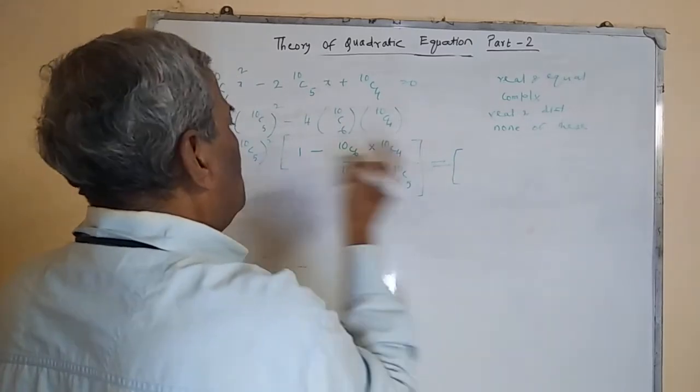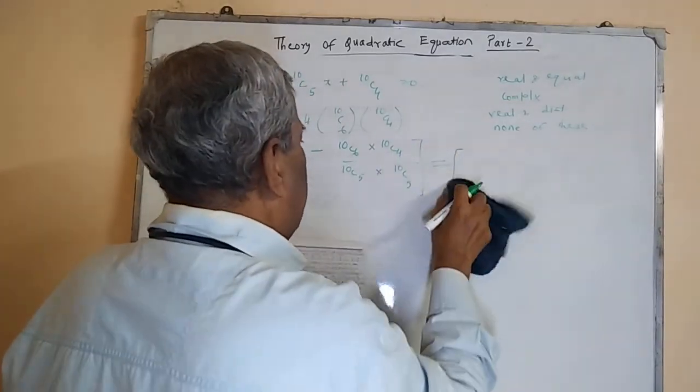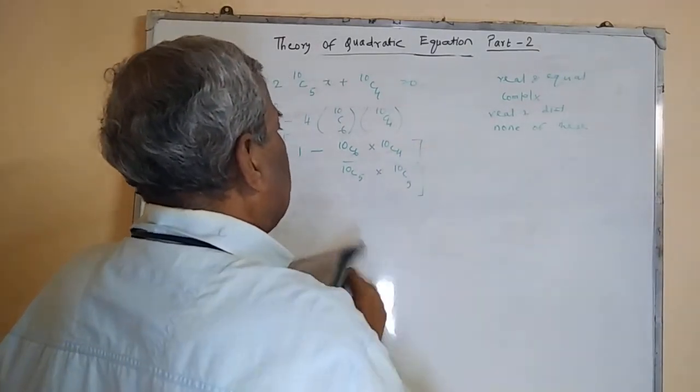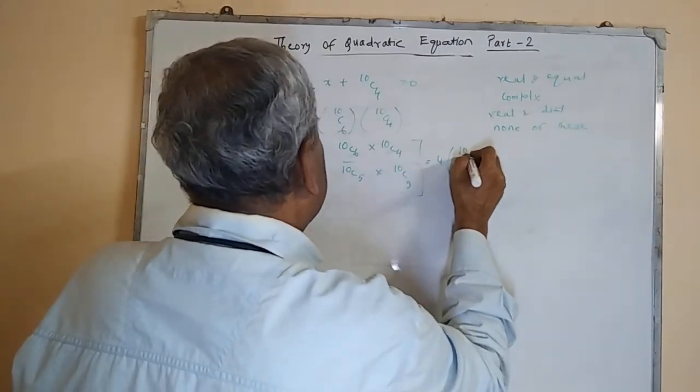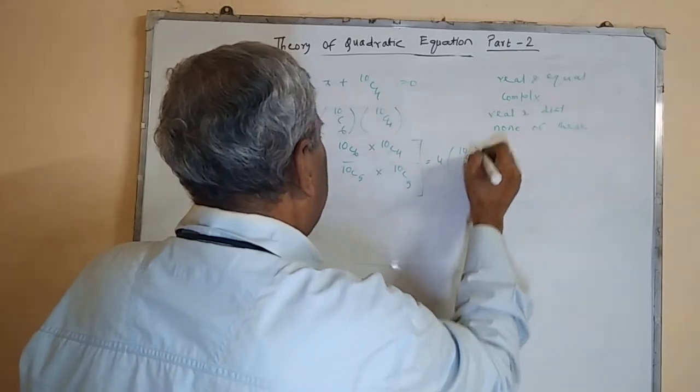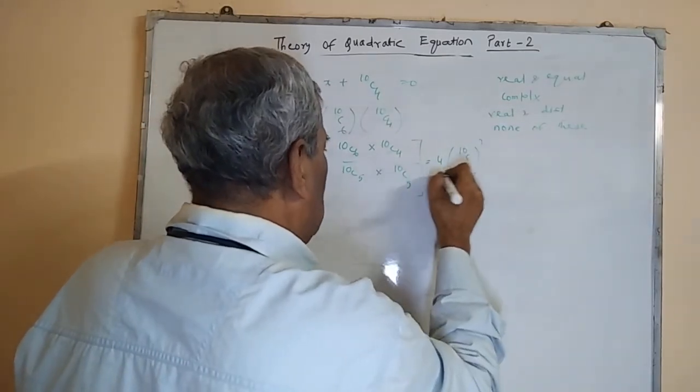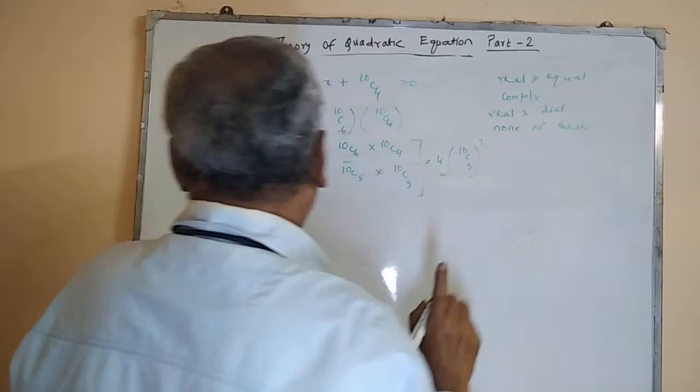So it is equal to 4 into 10C5 whole square. This is a positive quantity, very clear.